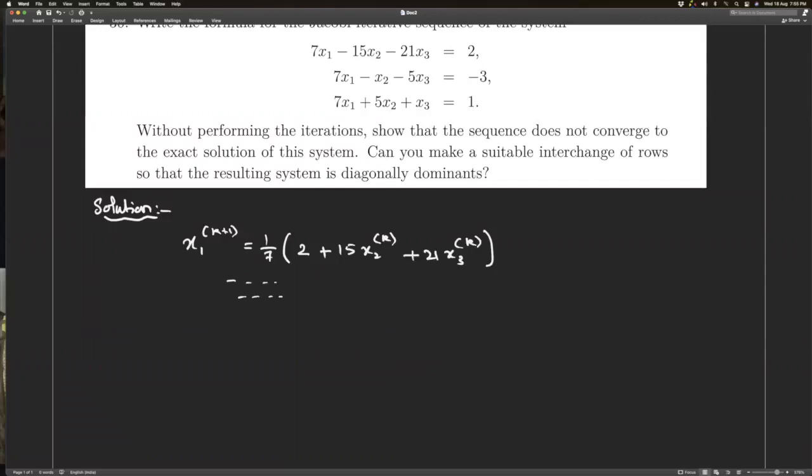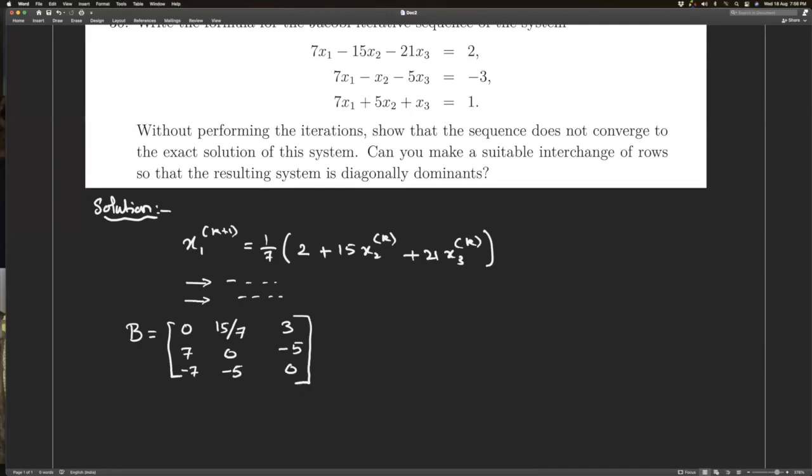For that, we first need to get the iteration matrix. You can see, by writing these equations explicitly, the iteration matrix B is given by 0, 15 by 7, 3 by 7, 0, minus 5, minus 7, minus 5, and 0.